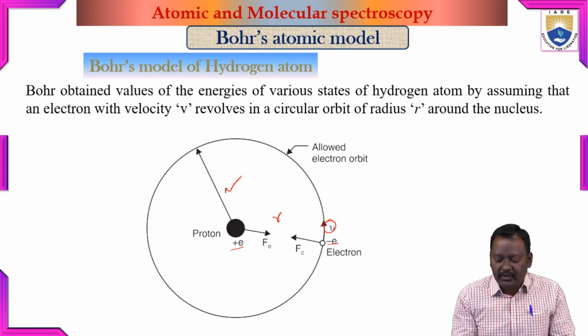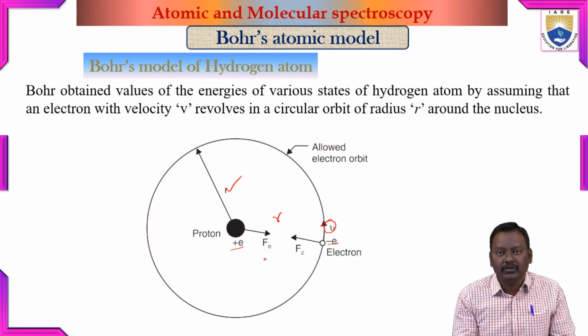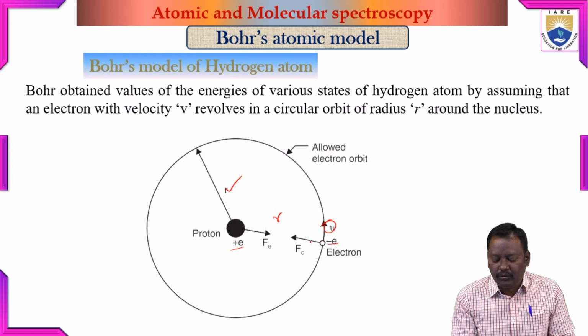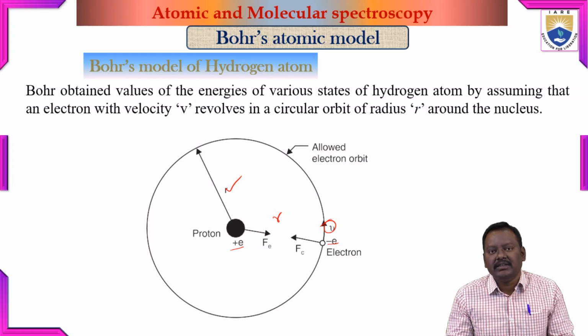So this must follow that the Coulomb force must be equal to the centripetal force of the electron. Then only is the atom said to be in that stable orbit.